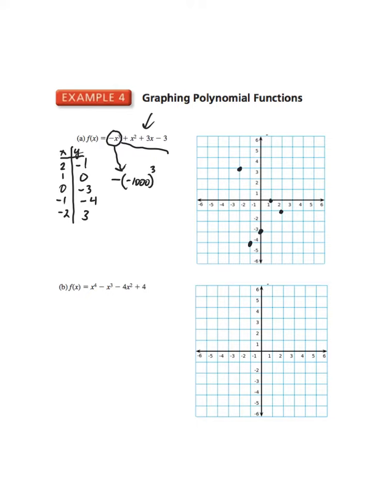Well, positive 1,000 to the third is going to be positive times the negative, and that's going to be negative. So as I move toward positive infinity, my y value is going to be increasingly negative, and so the end behavior is going to be down. So that's what I know the graph's going to look like.